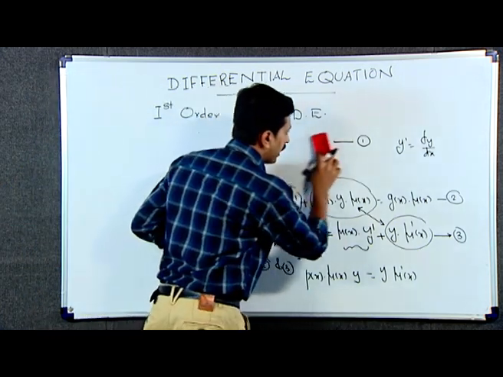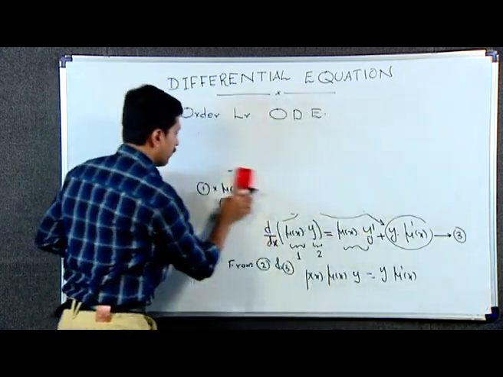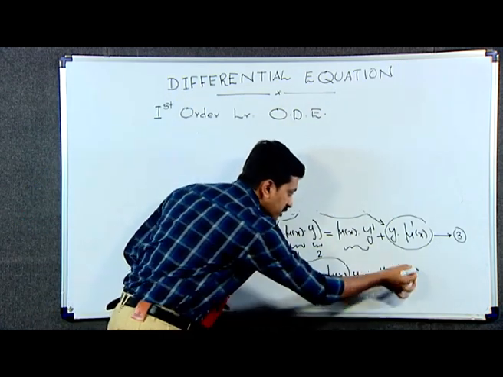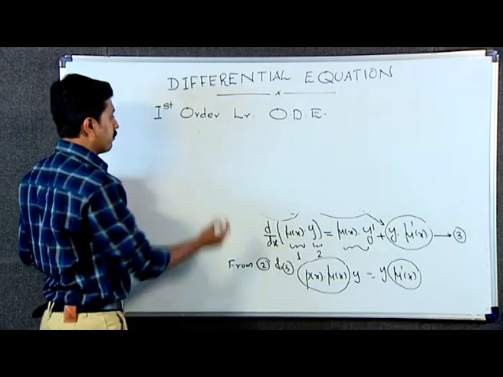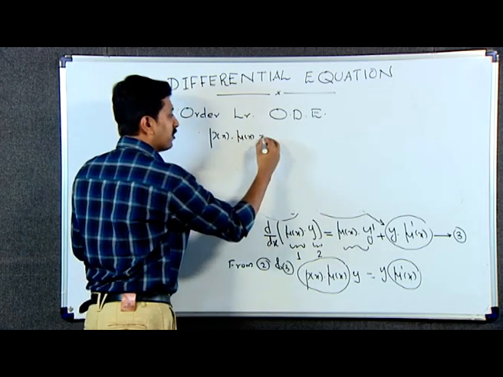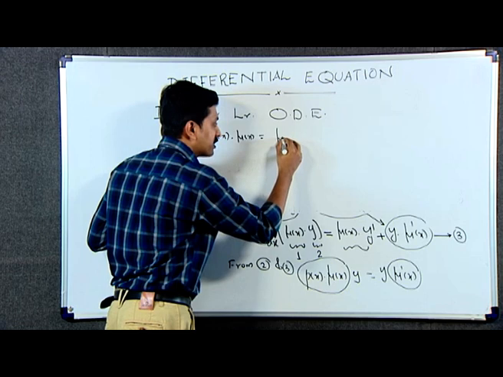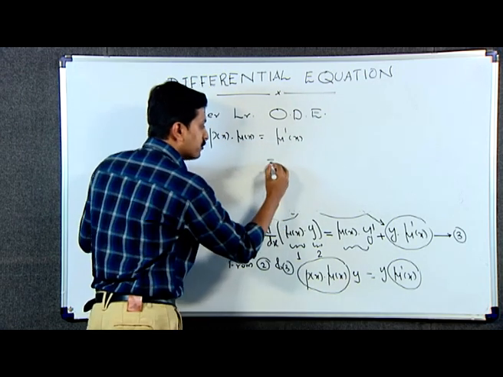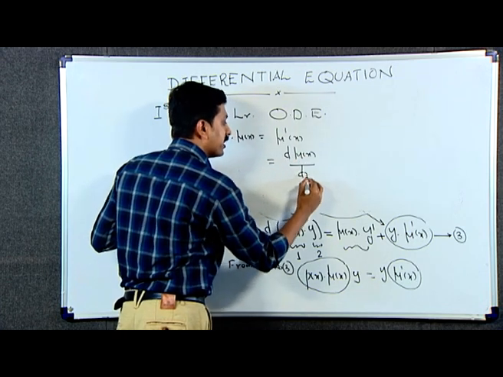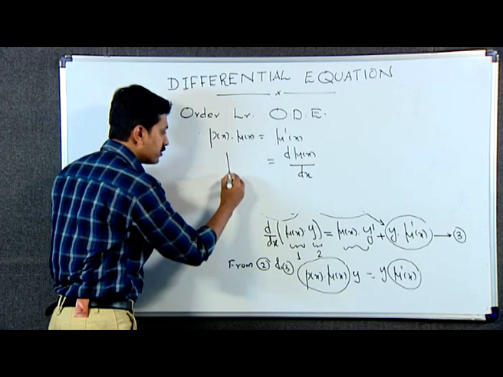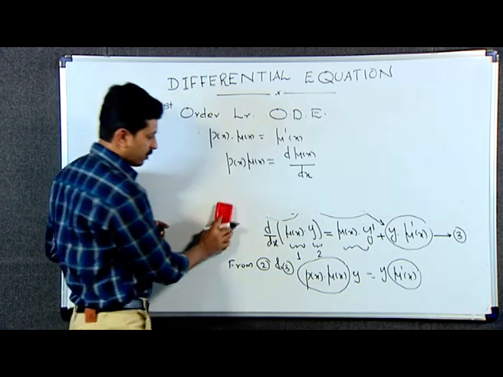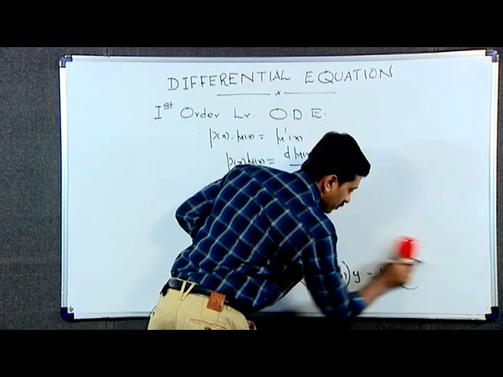From the last relation, we will have p(x) mu(x) = mu'(x). We can write mu'(x) as d mu(x)/dx, and this is equal to p(x) mu(x).